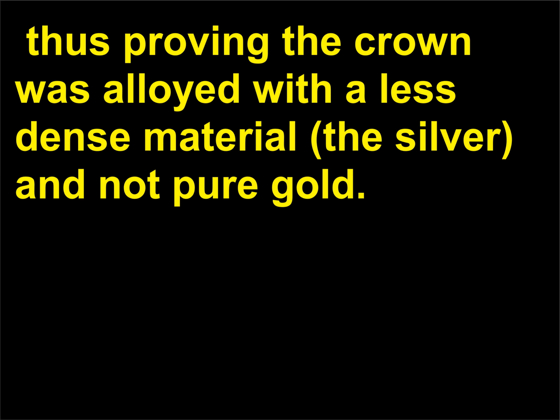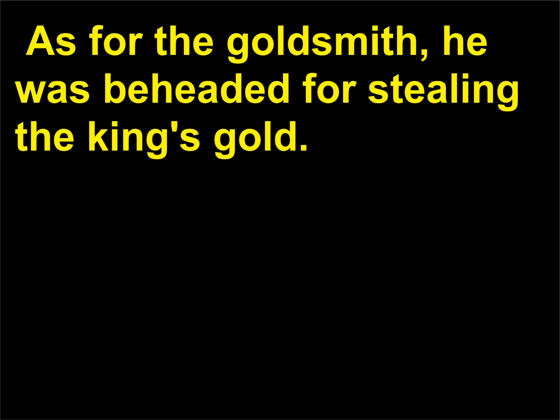This eventually led to the hydrostatic principle, as it is now called, presented in Archimedes' appropriately named treatise, On Floating Bodies. As for the goldsmith, he was beheaded for stealing the king's gold.